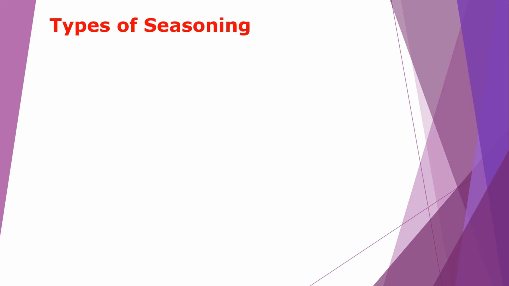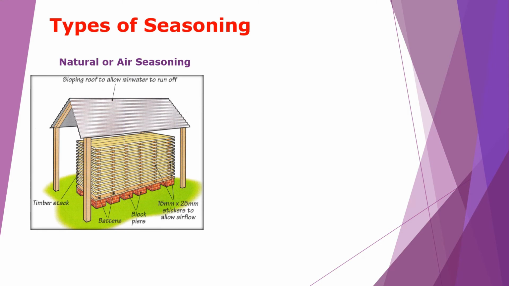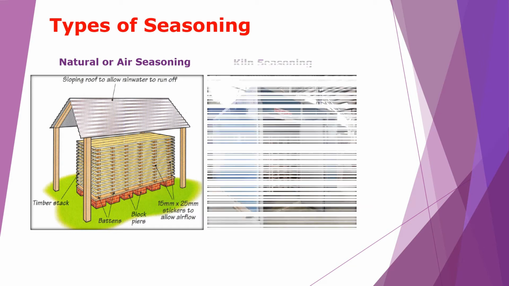Now, as you can imagine, there are a number of ways that are used to season the wood. One of the first methods that is used to season the wood, especially in countries like Pakistan and India, is that you season the wood by drying it out in the open air, where you stake the wood under some sort of shelf and you leave it for some time in order to let it dry out.